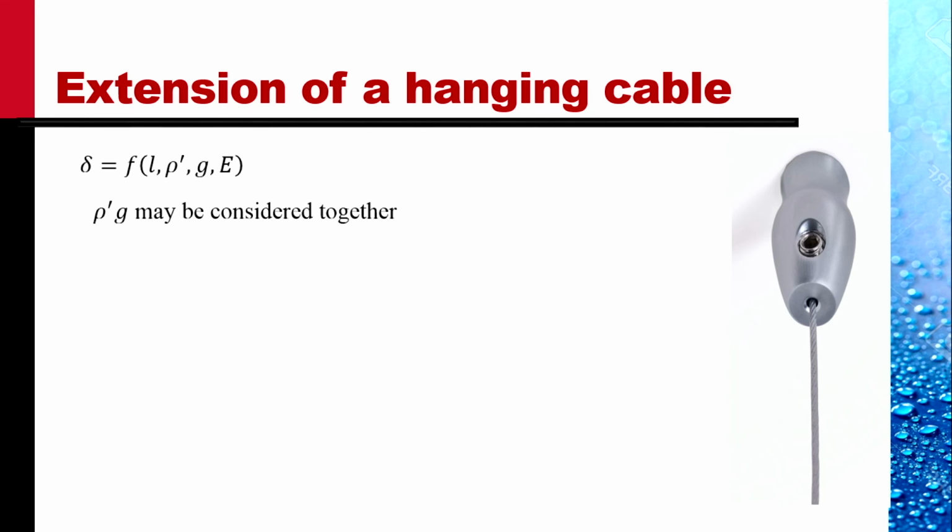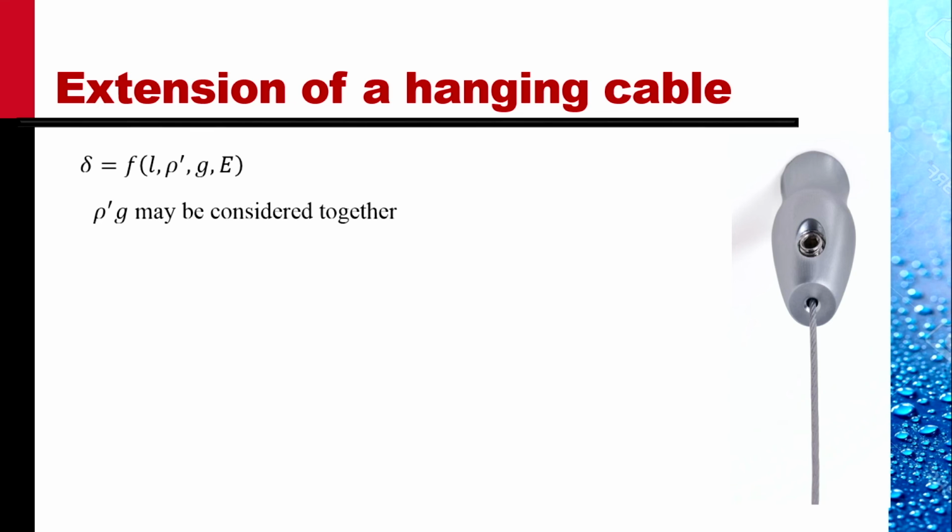For this, consider the case of a cable which is hanging and, under its own weight, it extends. So from the ceiling, we have this long, thin cable. The length of the cable L is much greater than its diameter.